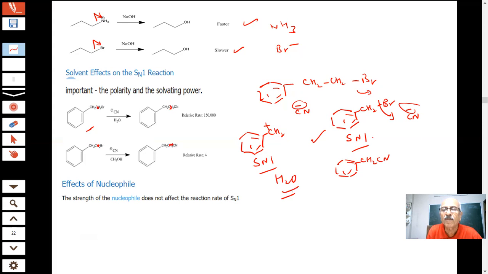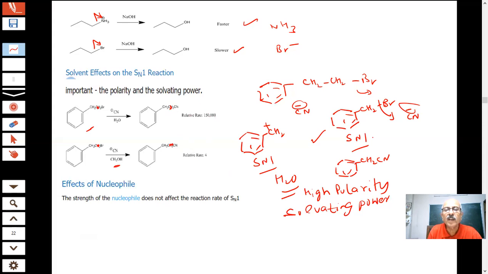Water has high polarity and solvating power as compared to CH3OH, alcohol. Therefore, the rate is 150,000 times more than this. See how much rate difference there is.